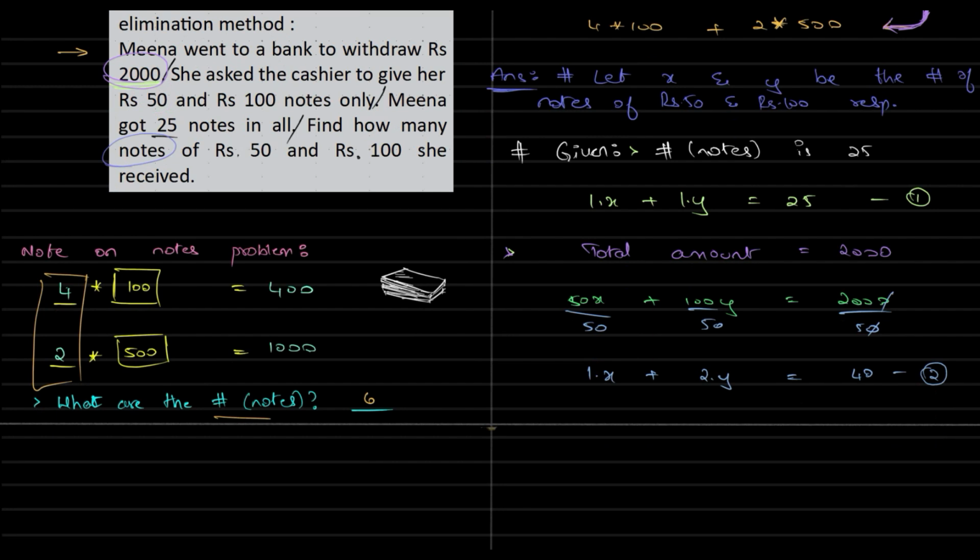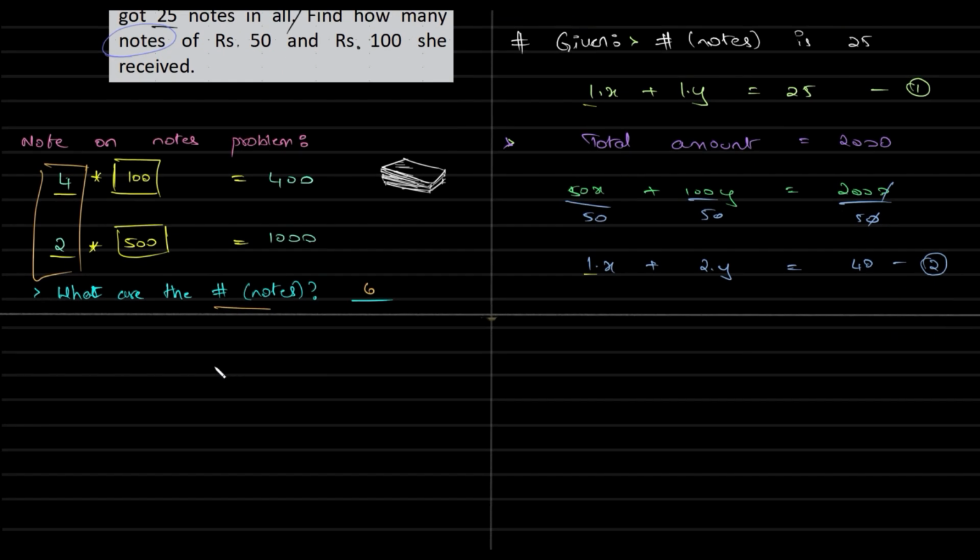Now, as per the elimination method, we are looking at cancelling x or y, or the constant also. To do that, we have to look at the coefficients 1 and 1, 1 and 2, 25 and 40. Pick the easiest one. 1 and 1 is the easiest one. LCM between them is 1. Should we multiply something? No. So the next step is to add, if not subtract, the equations. Are we adding or subtracting?